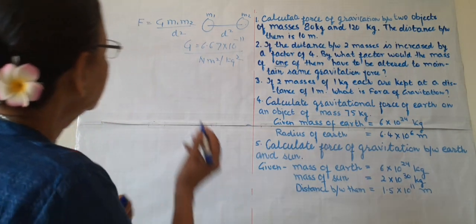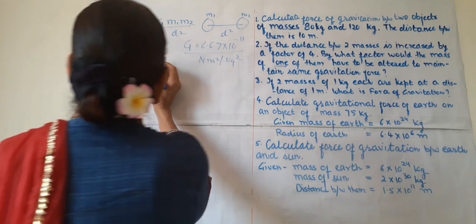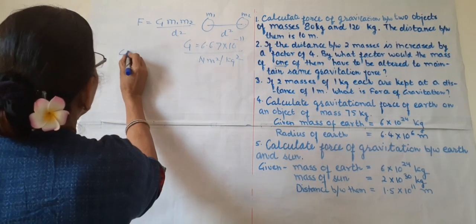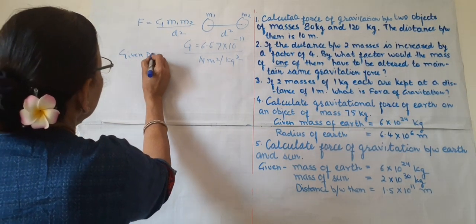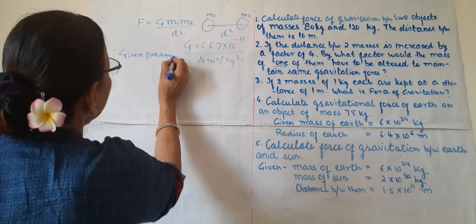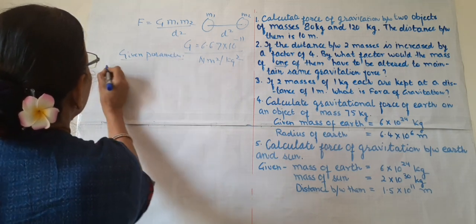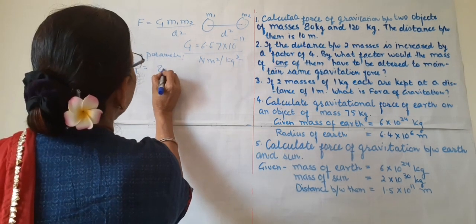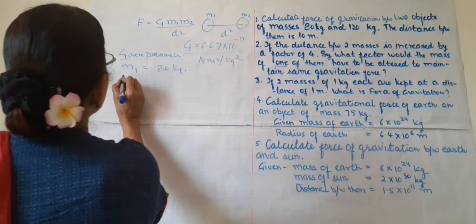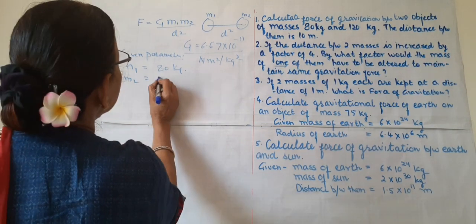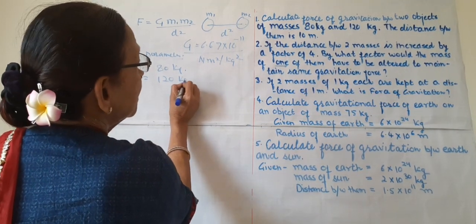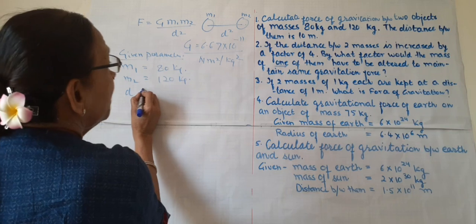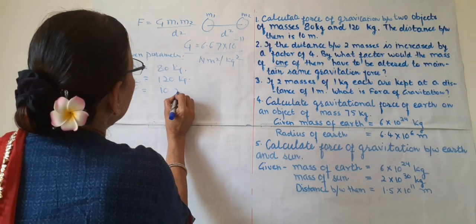Now see the first. First we have to write what is given. The given parameters: mass of first object m1 is 80 kilograms, mass of second object m2 is 120 kilograms, and the distance between them d is 10 meters.